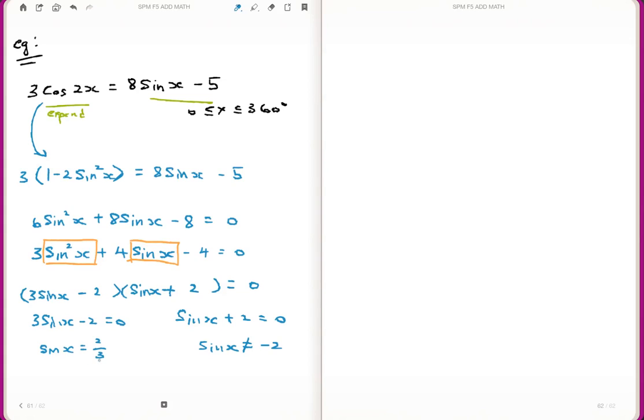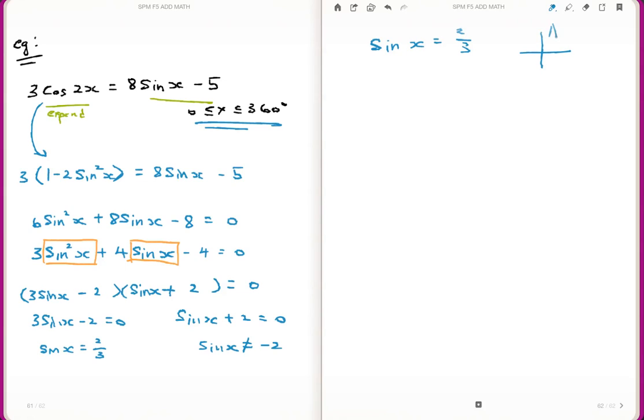Sine x is 2/3. Use a calculator for the range 0 to 360. Sine x equals 2 over 3. The basic angle will be positive, here positive. What is this angle?